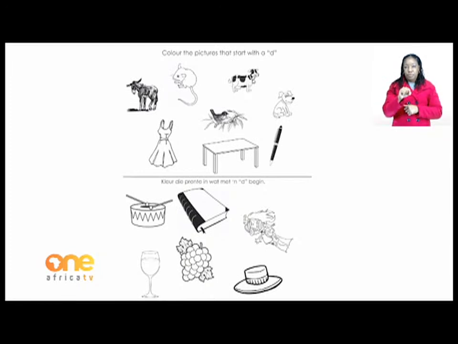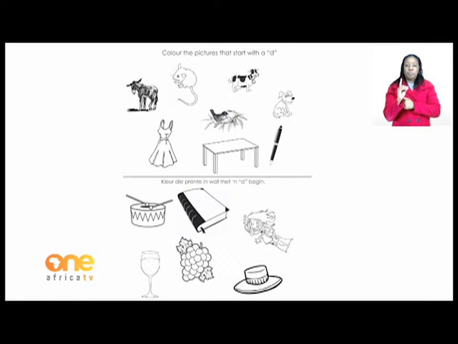Now I would like you to color in the pictures that begin with letter D. Once you have done that, let's move just below the line. It is the same instruction given. We want to color in the pictures that start with letter D.